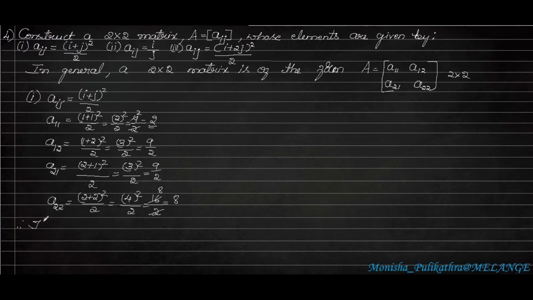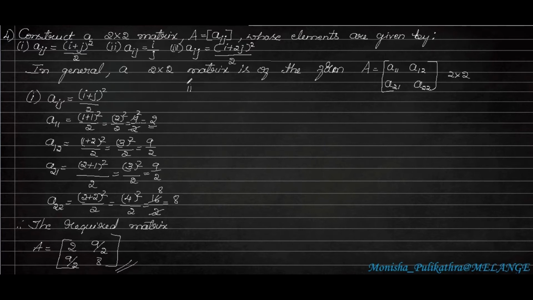Therefore, the required matrix is A is equal to, we have to just substitute all the values which we obtained after calculating. So A11 is 2. A12 is 9 by 2. A21 is again 9 by 2 and A22 is 8. So this is the required matrix for first sub question.